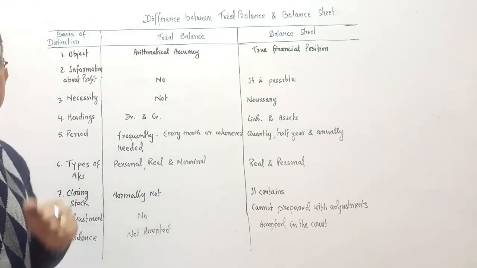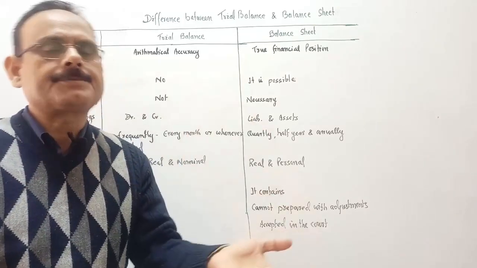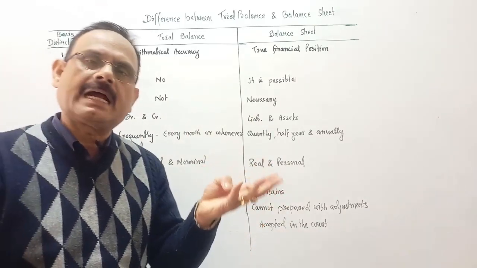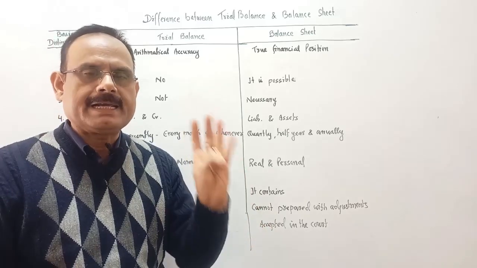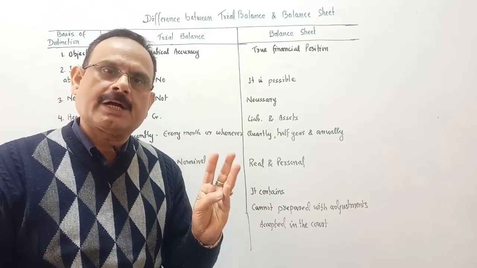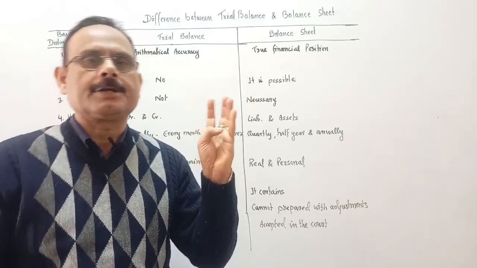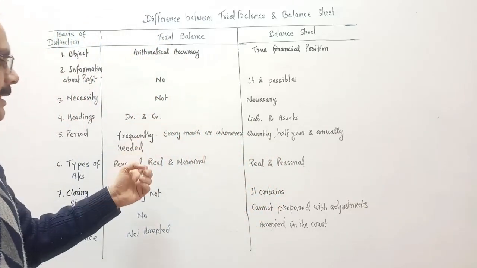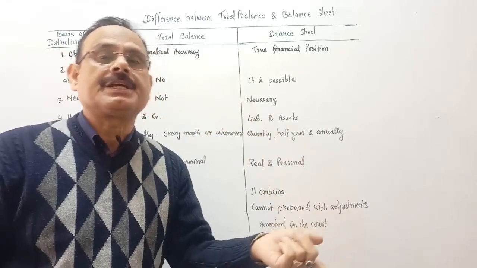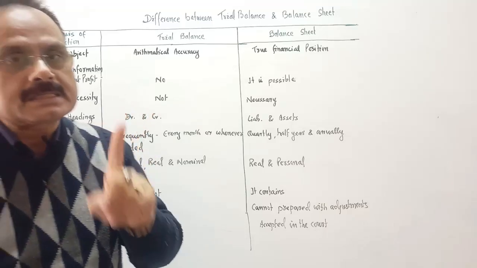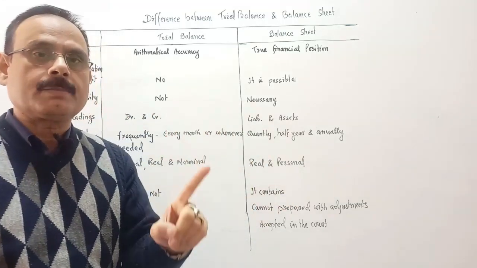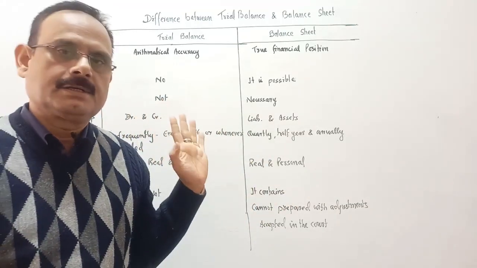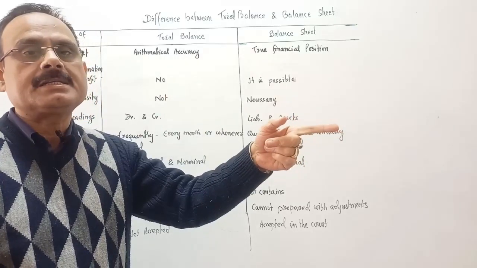Types of account. In trial balance, all types of account come: personal, real and nominal. All ledger balances related to personal accounts, real accounts, and nominal accounts will be reflected in the trial balance. But in the balance sheet, only real account and personal account balances will be reflected. Nominal account balance is reflected where?